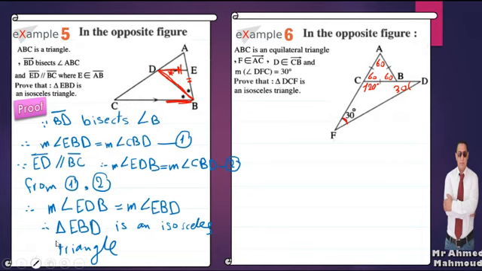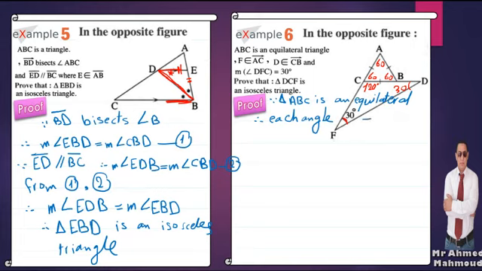Okay, now I'm going to write the proof. Since triangle ABC is an equilateral triangle, therefore each angle equals 60 degrees.